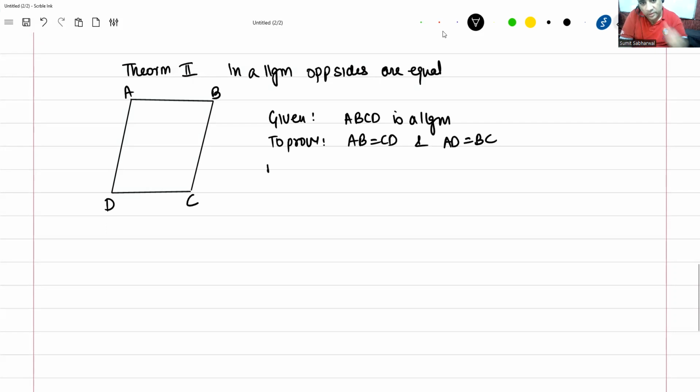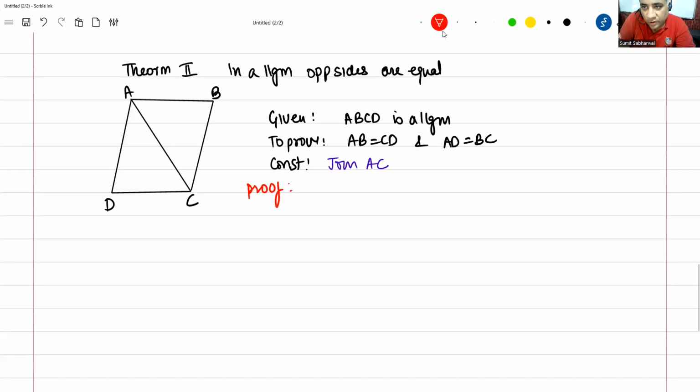Now, in order to prove this, we need to construct a diagonal. So we just try to join two vertices. Let us join AC in this case.